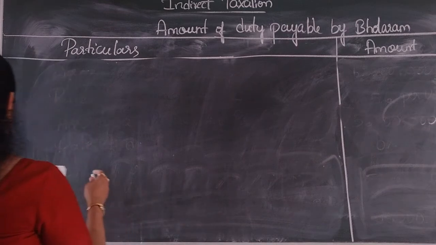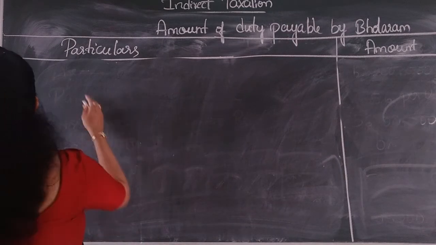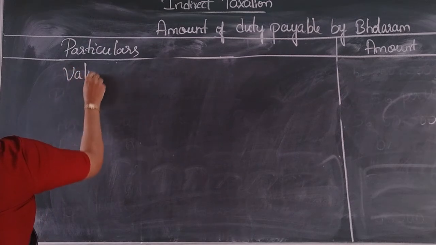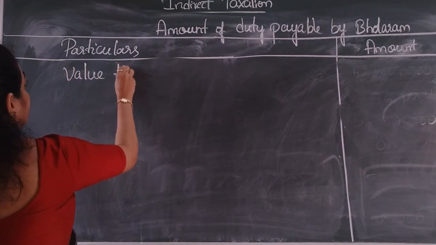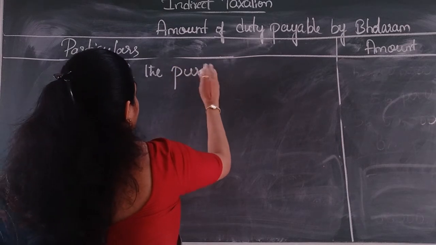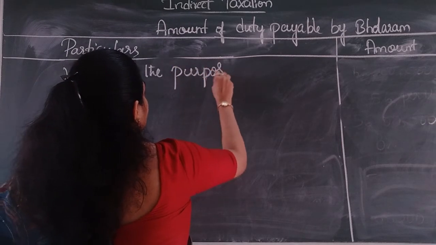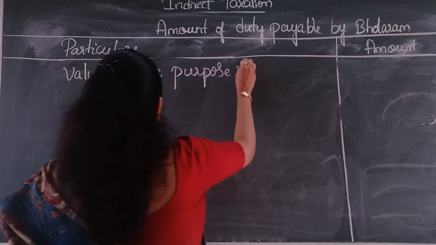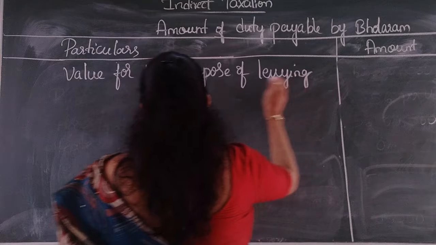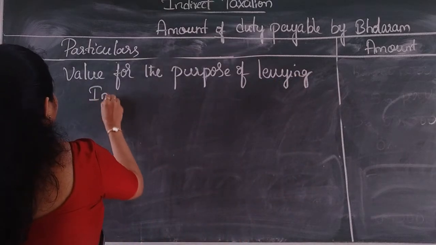After finding the social welfare charge, we need to find the value for the purpose of levying integrated tax.